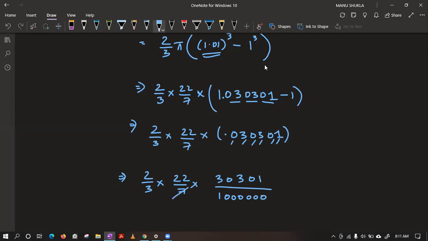Now let's divide it. 7 4s are 28, then there is 23, 7 3s are 21, then 20, 7 2s are 14, 61. No, please recheck. What will we get? It will not be divided by 7, I think.